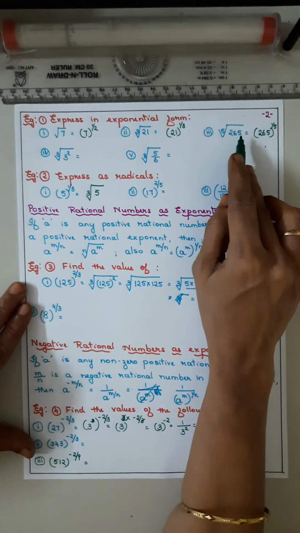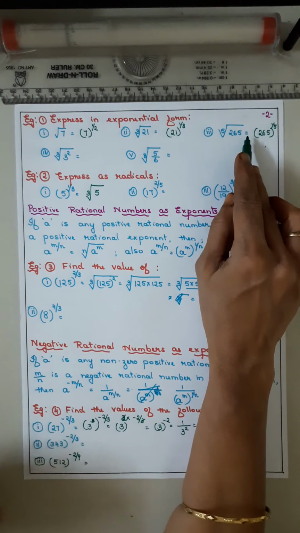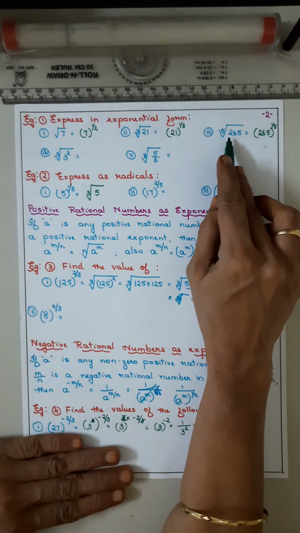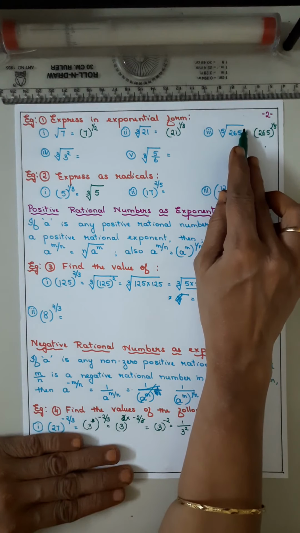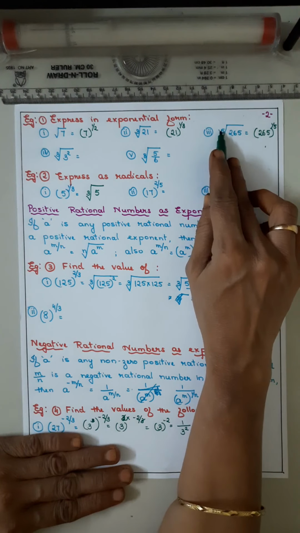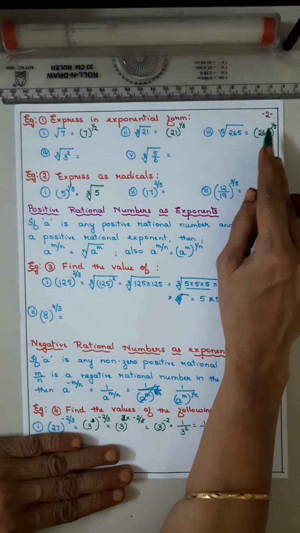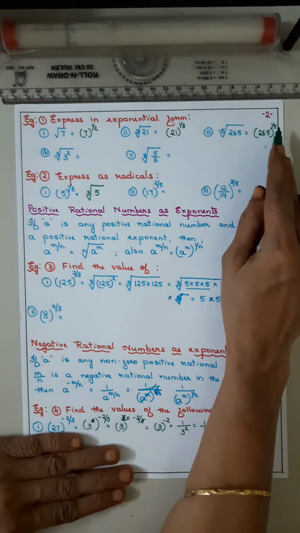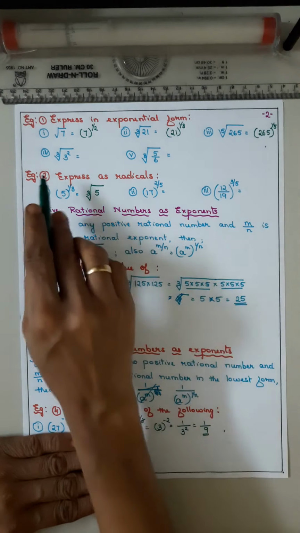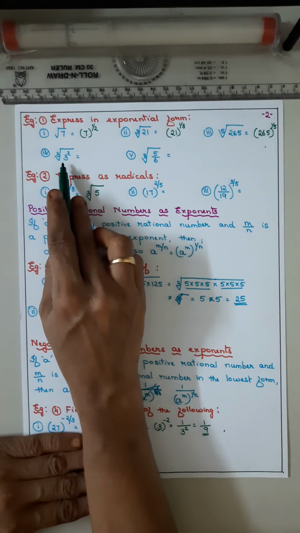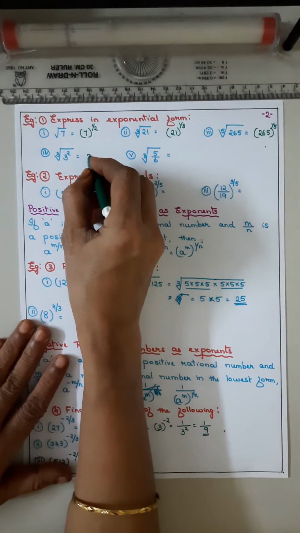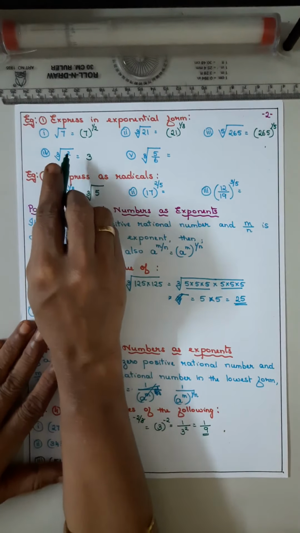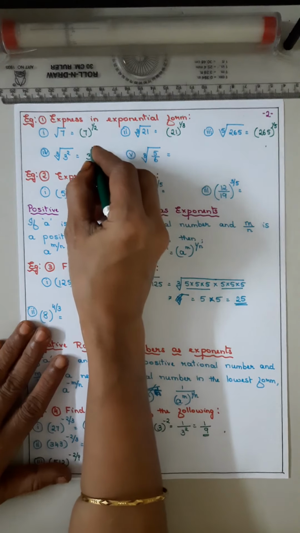Now fifth root of 265. Fifth root. So how do you write? Base is 265, write as it is. The power of 265 is 1 and the outside number is 5. So 265 to the power 1 by 5. Now here cube root of 3 square. What is the base? 3. Inside 3, the numerator, the power is 2.